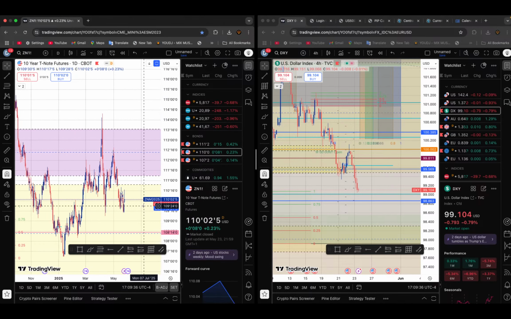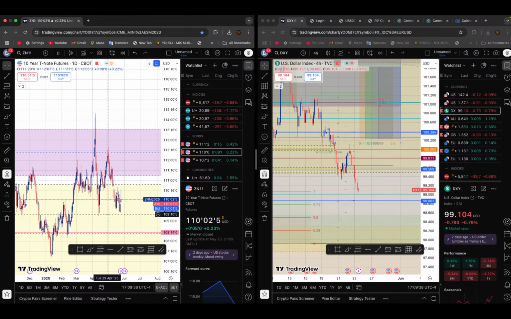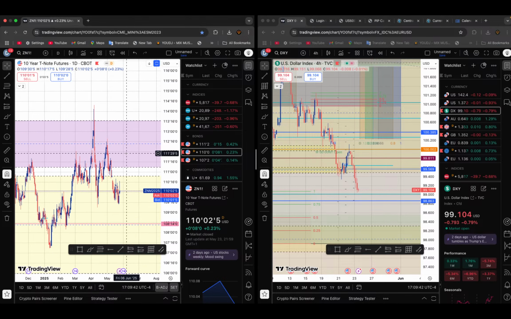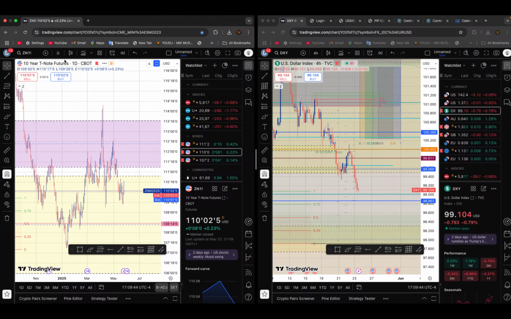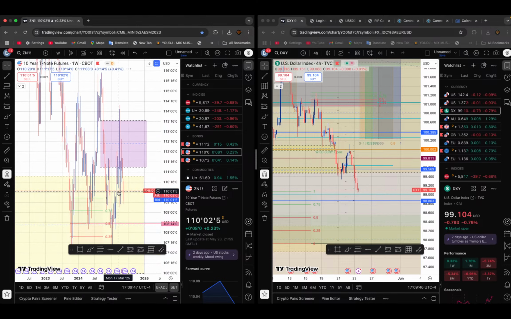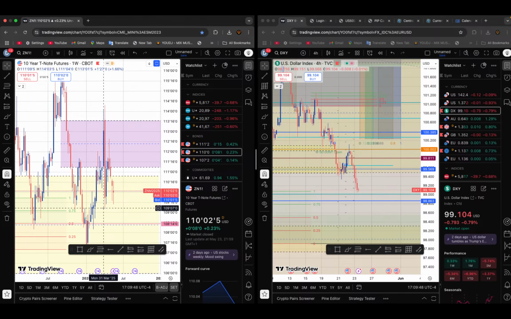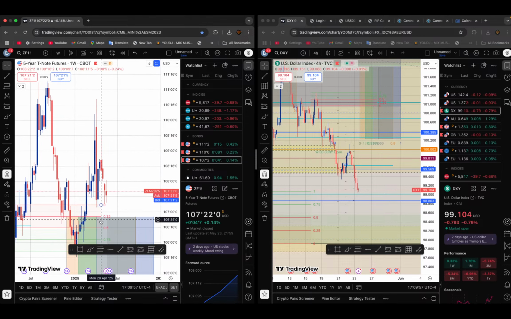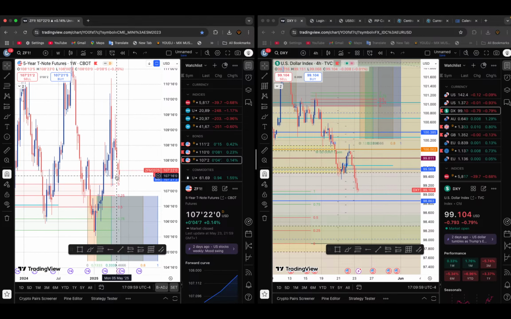On here we said it's a lot stronger, the 10-year note. We were hesitant for it to drop below this, and as you can see, it didn't. Did try, but didn't drop below there. Same with the 5-year note.